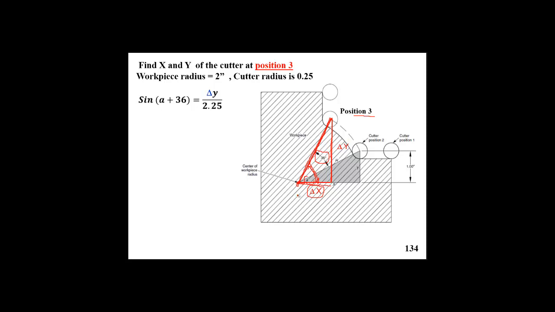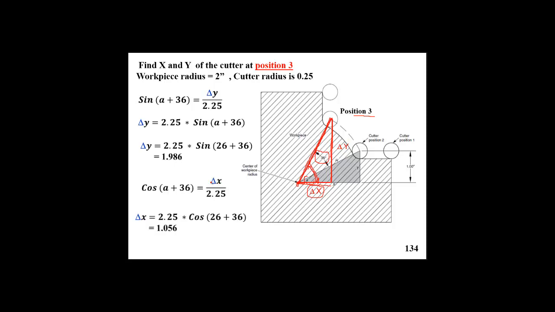And again, that chord sine that angle will give us dy. This is what we're going to apply here. So we're able to get dy and dx using the sine and cosine relationship.